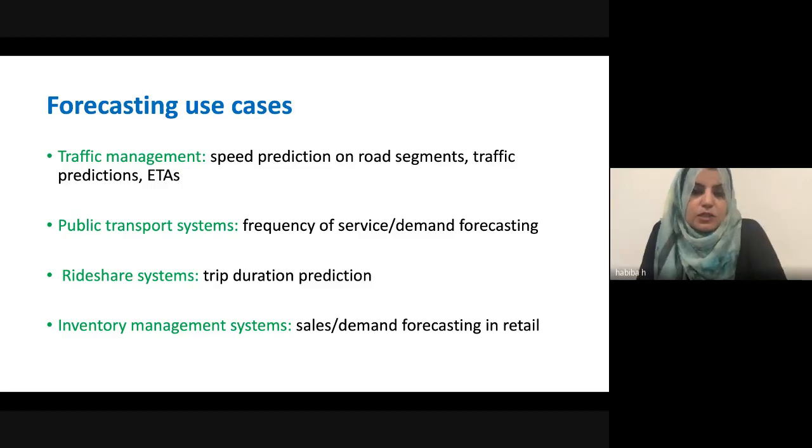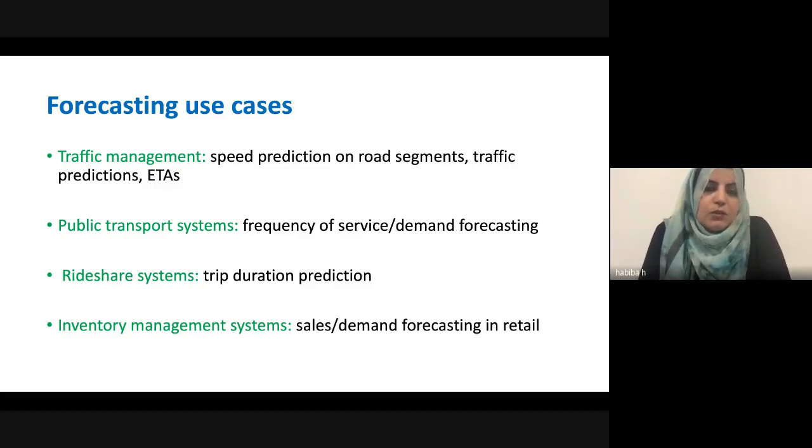And this is where the graph structure plays a really crucial role, because when you're looking at each road segment independently, you don't have information about what the neighborhood of that road segment looks like.